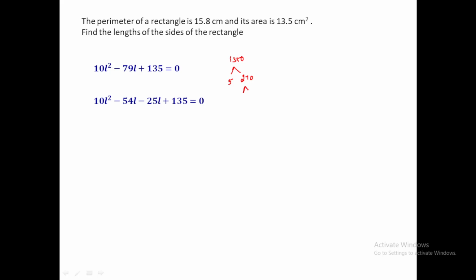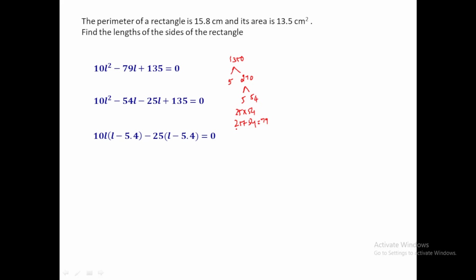Then again we can divide by 5: 5 5s are 25, 54. So this is 25 times 54, and 25 plus 54 gives 79. Here we need minus 79, so we multiply 25 and 54 by minus, that is minus 25 and minus 54.